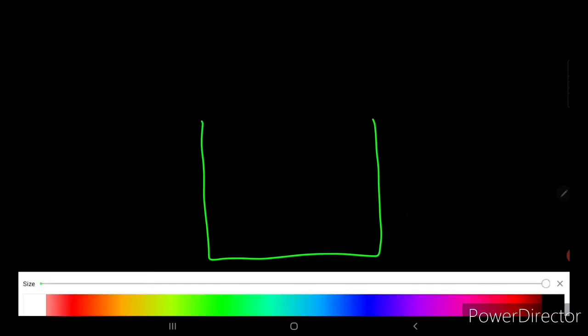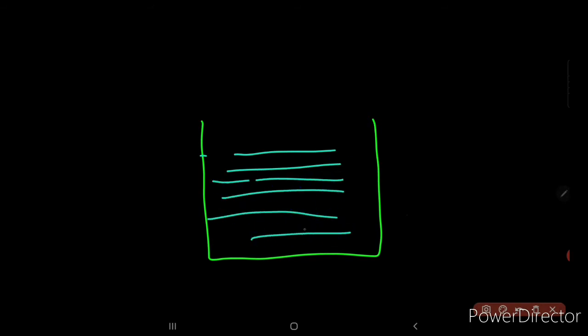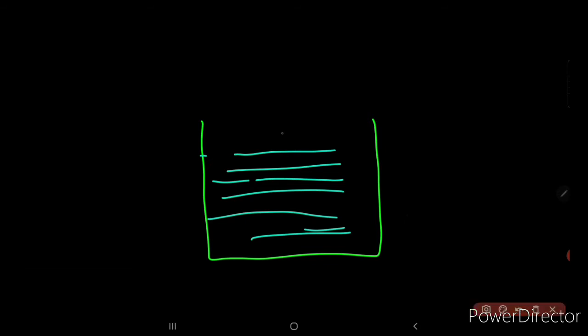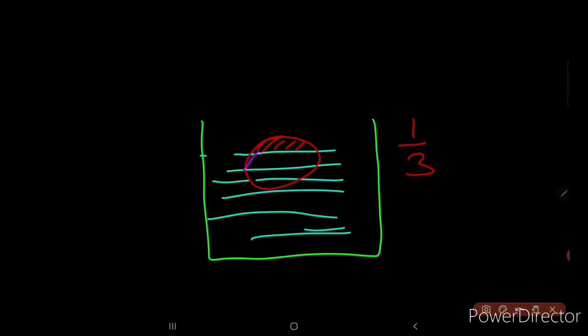To understand the question, we have taken a beaker, right? And in the beaker we pour some water, right? Inside the water there is a ball submerged, such that its 1/3 part is above the surface of water. Now the remaining portion here should be inside the water, right?